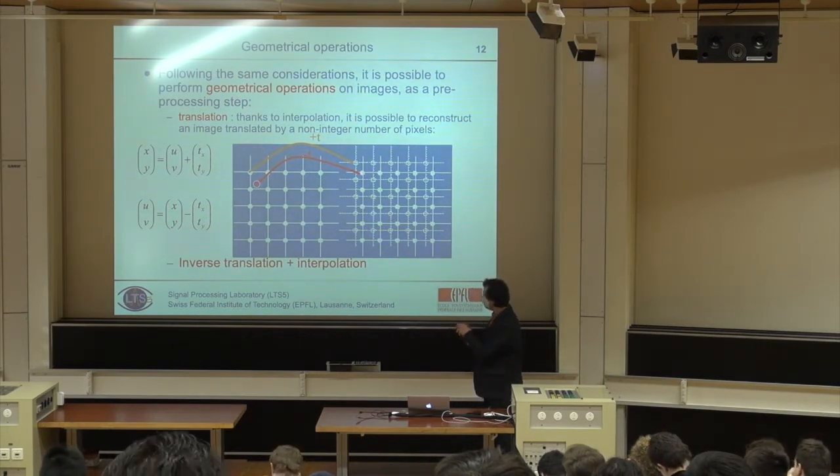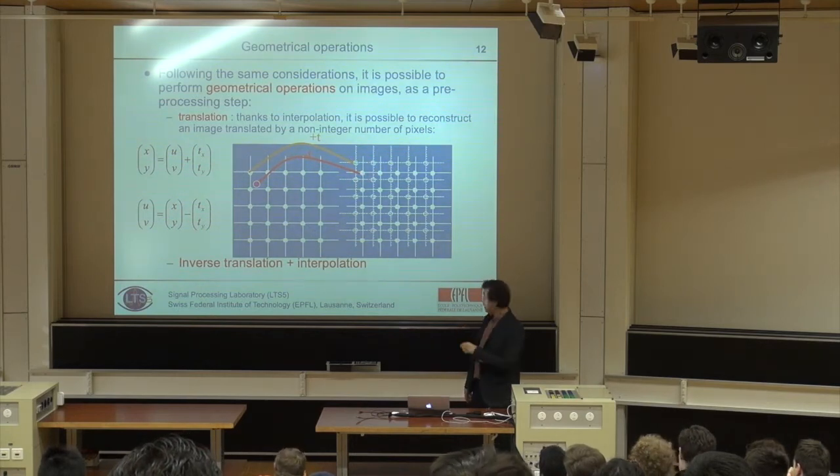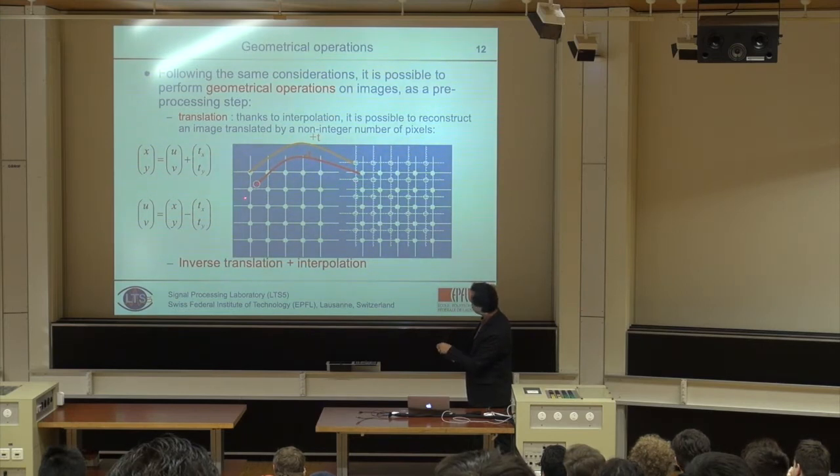But if I want to choose what is the value here, I will interpolate between the values that I know. And so basically I know that value because it comes from there. I know that value because it comes from, I don't know where. That one will come from, where is it? That one will come from here. Where am I? That one is that one. And that one is that one.